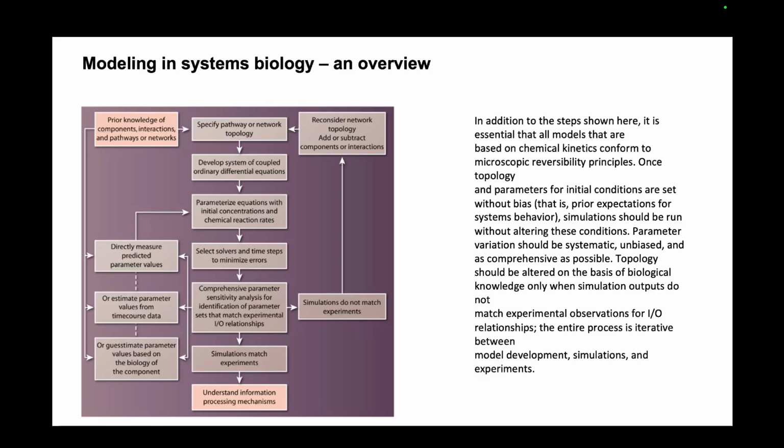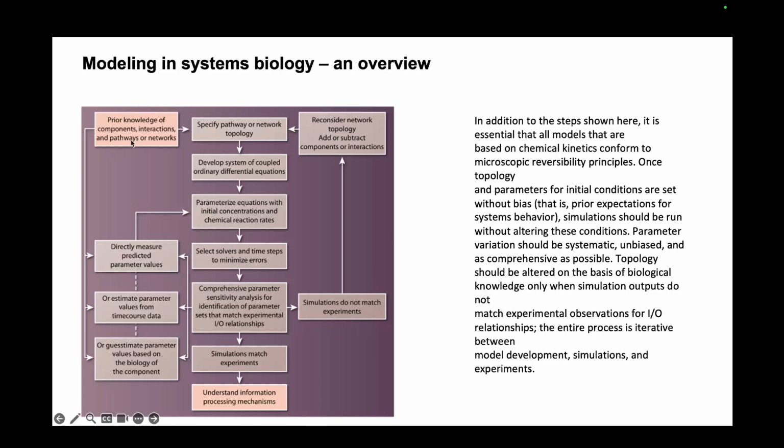Now those parameters need to be well within a description of experimental data or some sort of hypothesis, right? That estimation of parameters can be done from experimental data, or you can use guesstimate parameter values based on the biology of the component. But all this actually requires prior information.